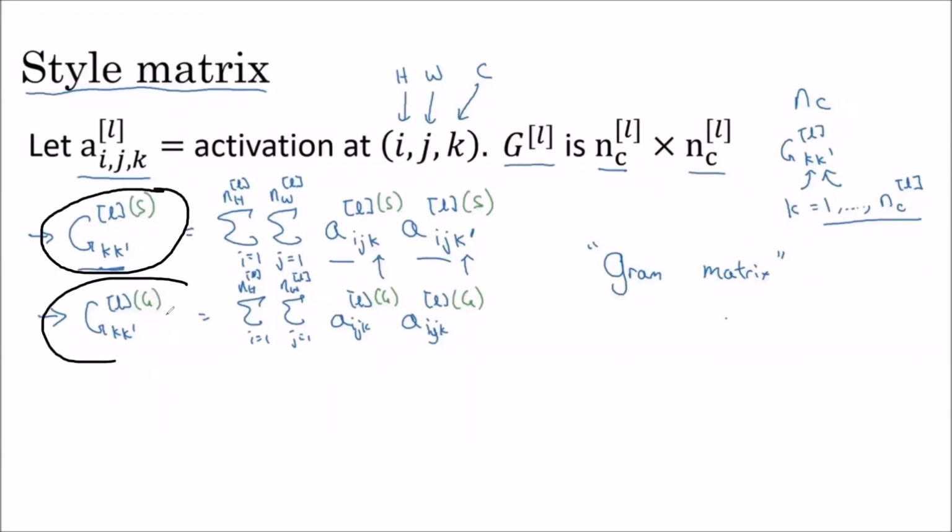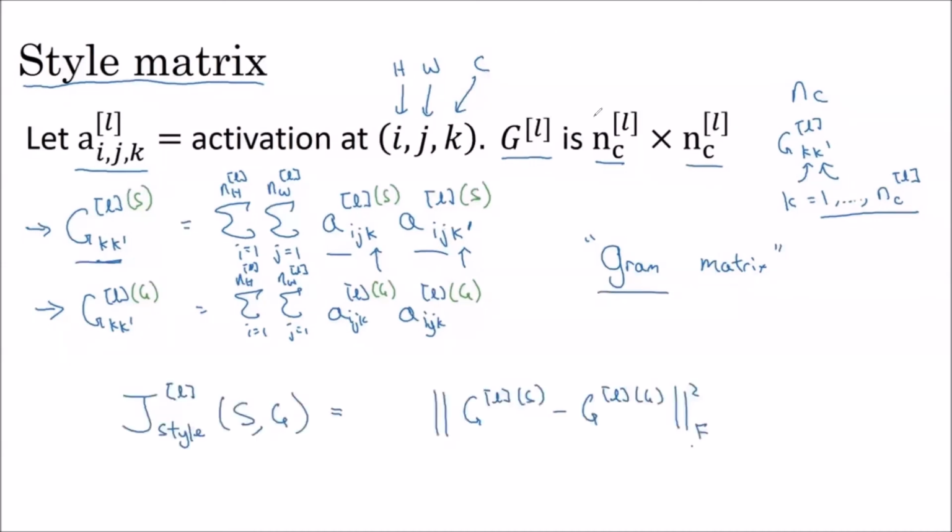This is the style matrix for the generated image. This representation in linear algebra is called a Gram matrix. That's why we represent it with capital G. This is the style matrix for the style image, and this is the style matrix for the generated image. Now we find the difference between these two.